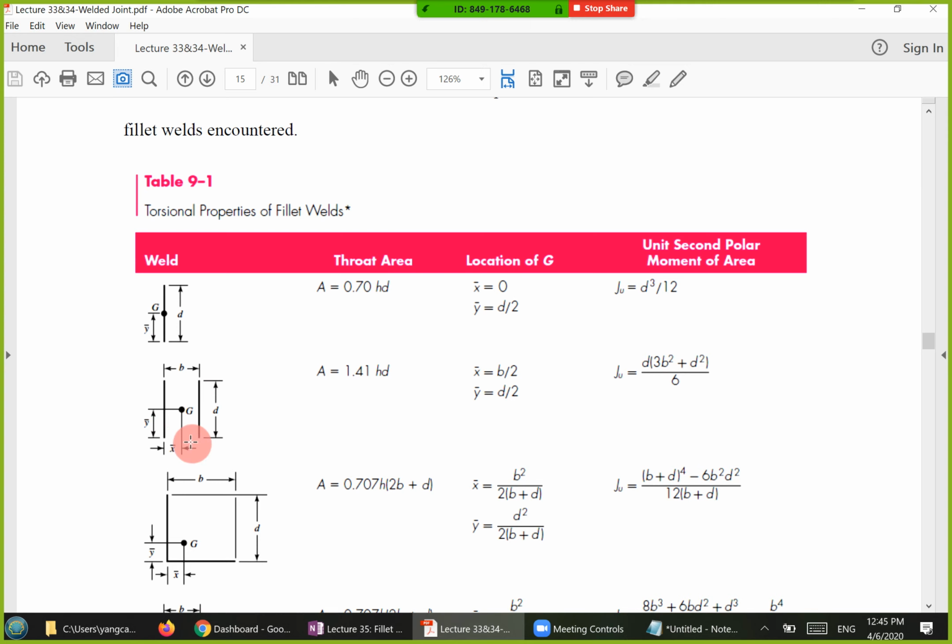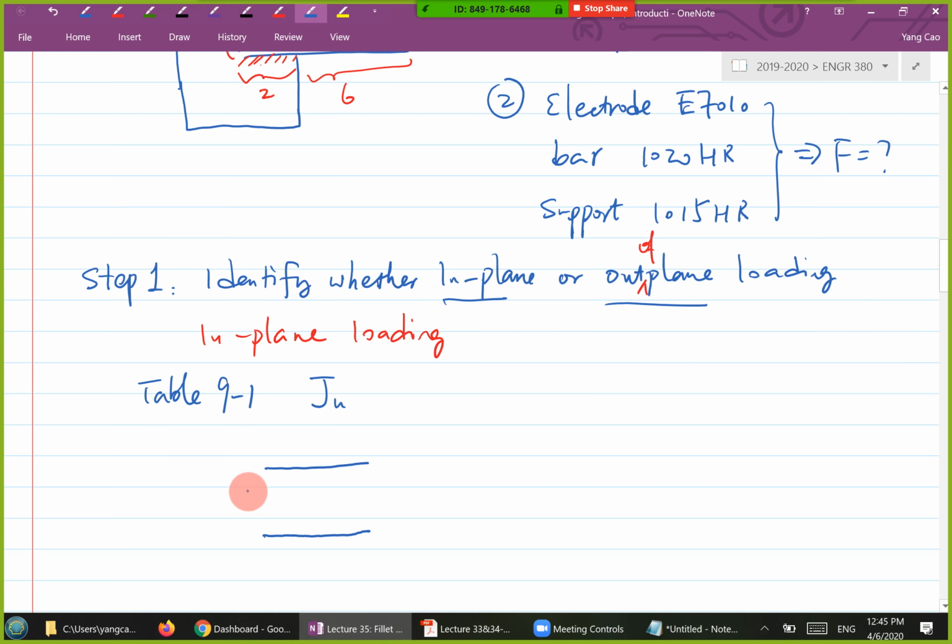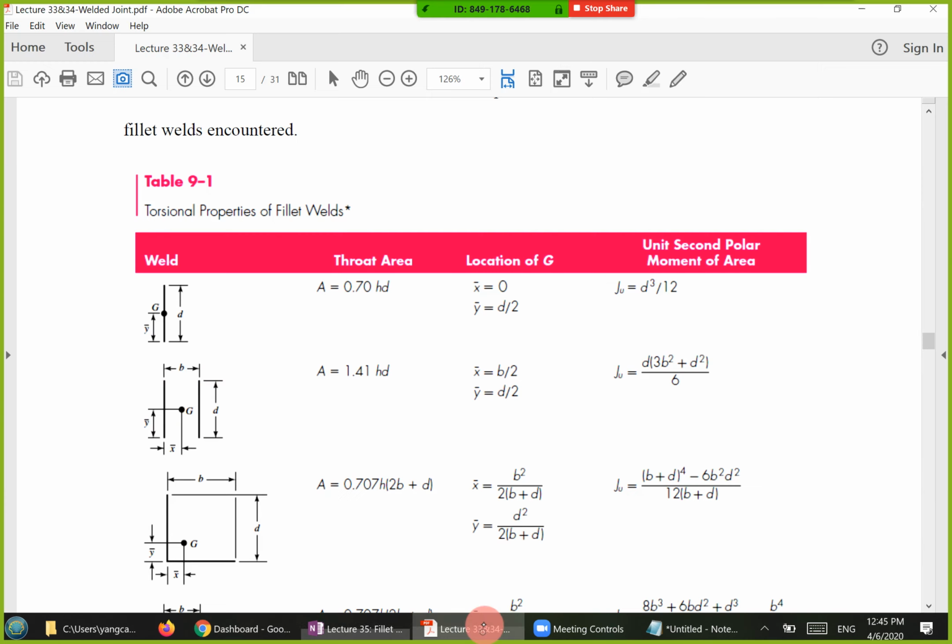So I can recycle the information in this row here, and I'm going to label this as the B value, and this as your D value. So this is B, this is D. The centroid is given by X bar and Y bar, and JU is given by this formula here.